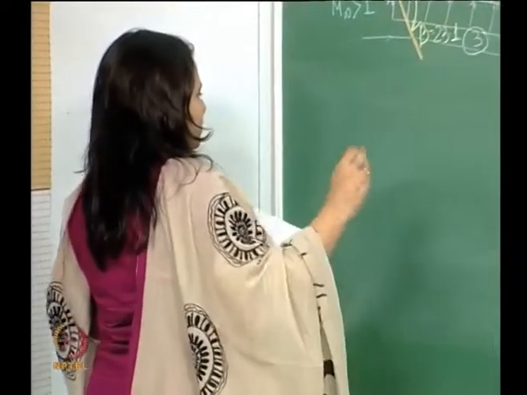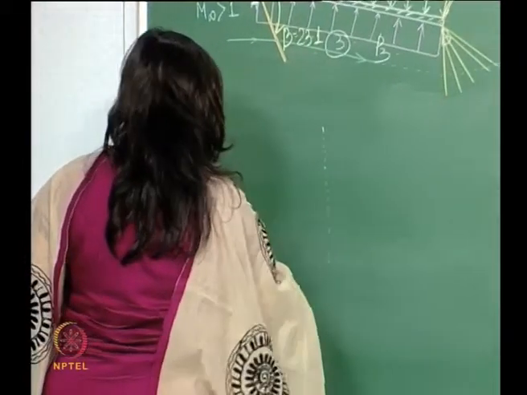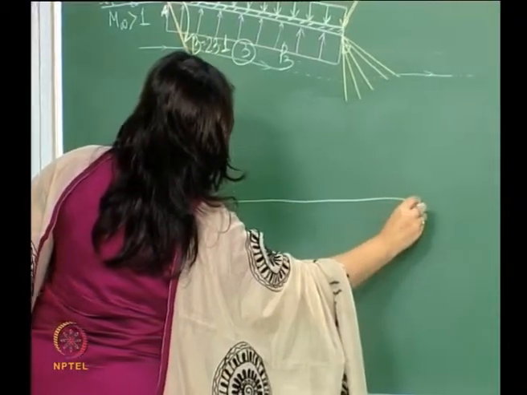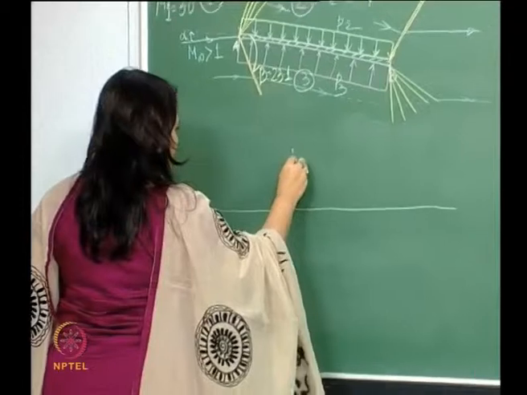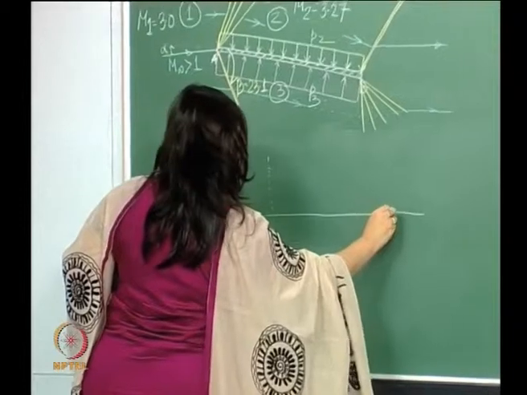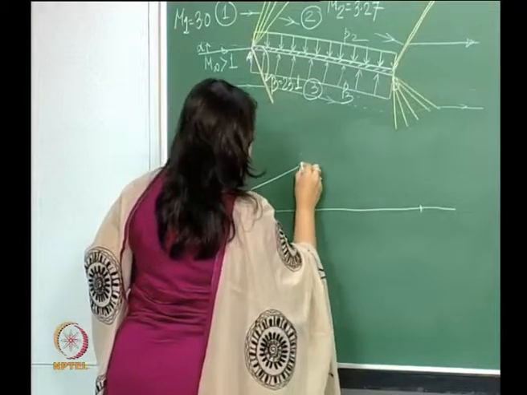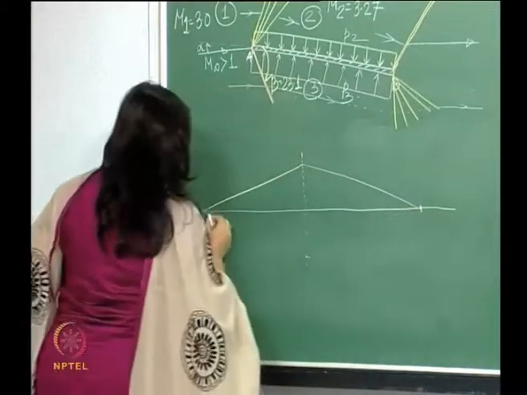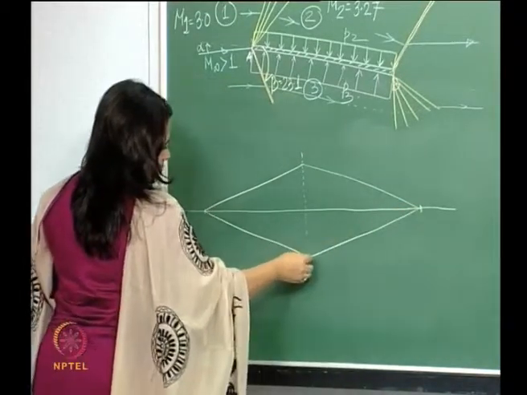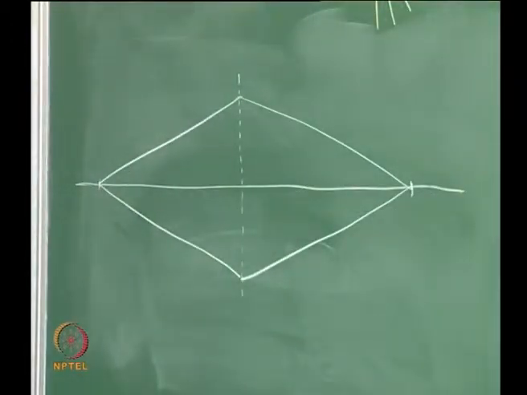So for example, let us look at this. This is basically a diamond shaped wedge.